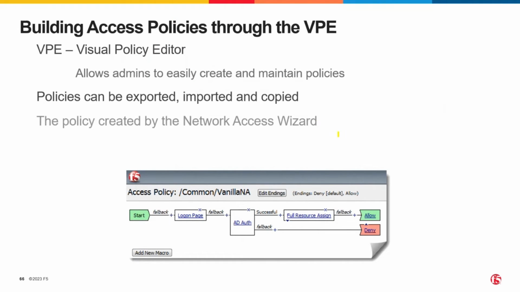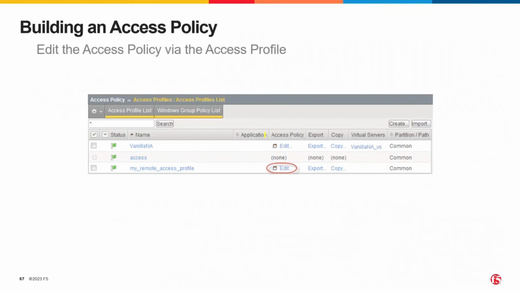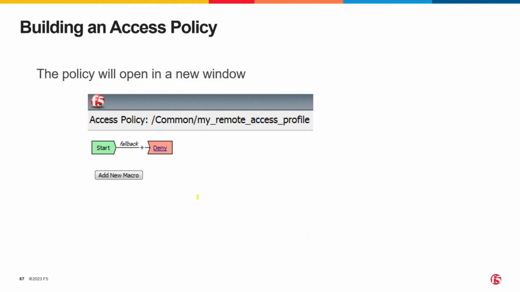So yeah, that's something that you create in Visual Policy Editor. You can do everything from scratch, and I will show you in just a second how to create all the policy without actually having the wizard.